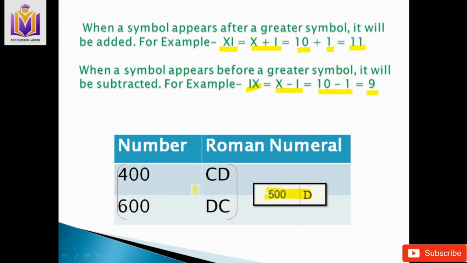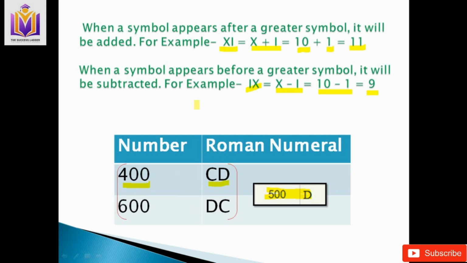For example, if D denotes 500, here it is CD. So CD is 400, because C denotes 100, D denotes 500. So here 100 is before 500.